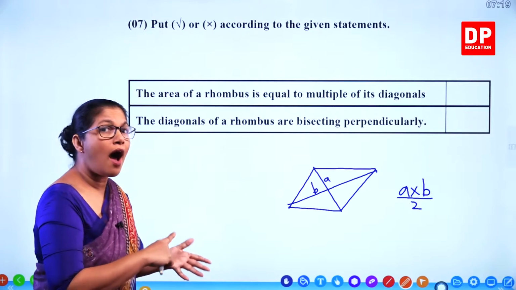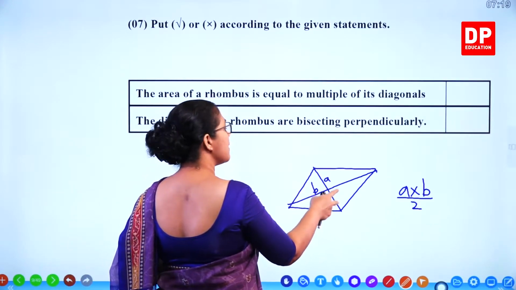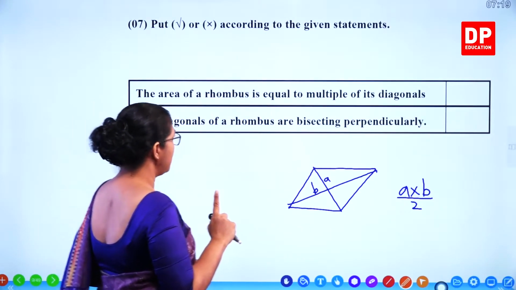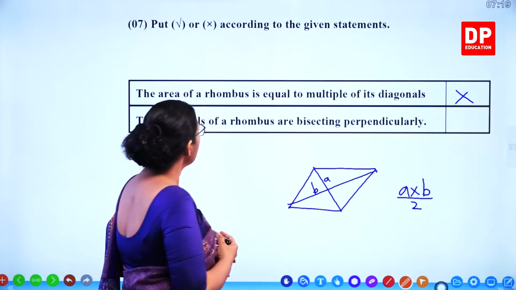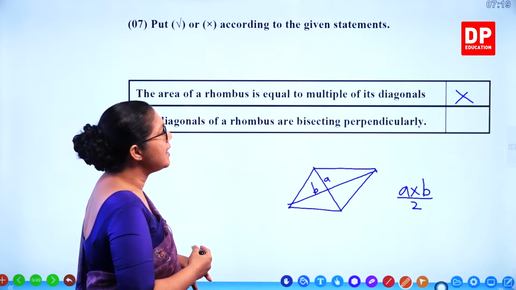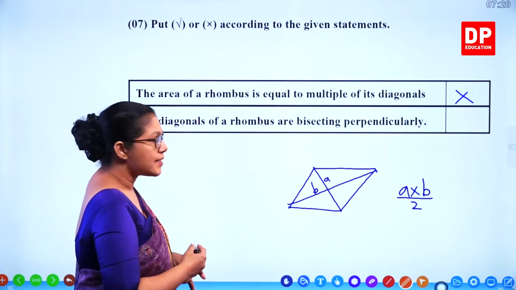In a triangle, half times base times height. This is also half times base times height, so half is common. Not just the multiplication of the diagonals. The diagonals of the rhombus are bisecting perpendicularly. This is a rhombus.